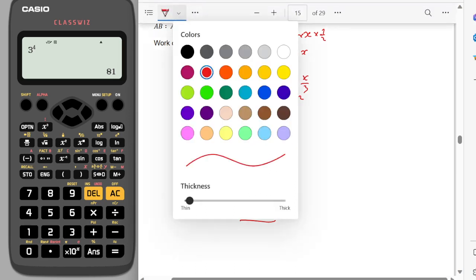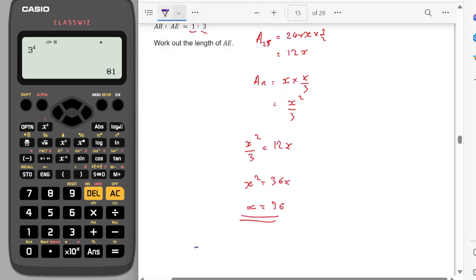Alternatively, what I probably should have done, just to be more correct, is to say that x squared minus 36x is equal to 0. So x times by x minus 36 is equal to 0. So x is either equal to 0 or x is equal to 36.